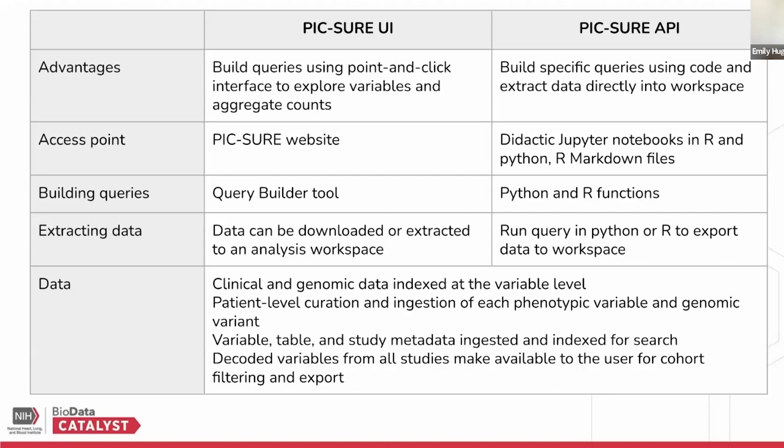And then the data can be downloaded or exported to an analysis workspace. The same thing can be done in the API, but this actually uses Jupyter notebooks and R and Python code to accomplish the same thing.